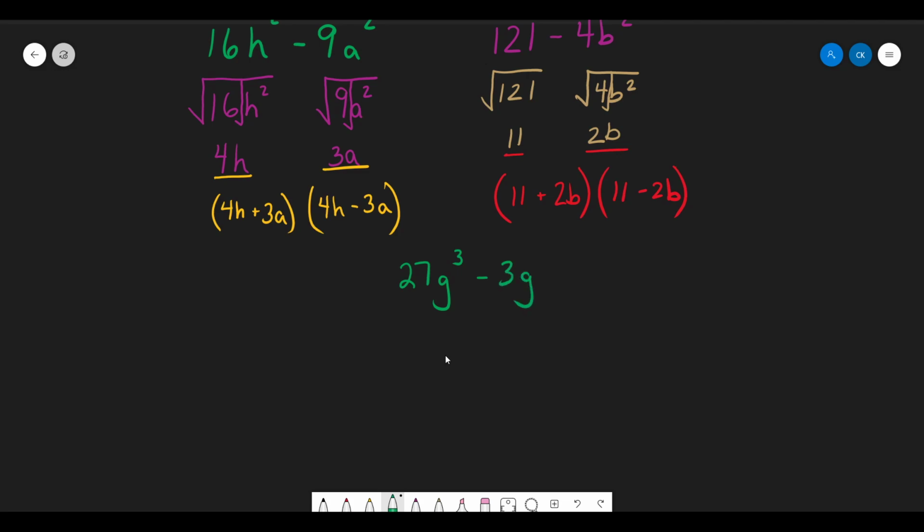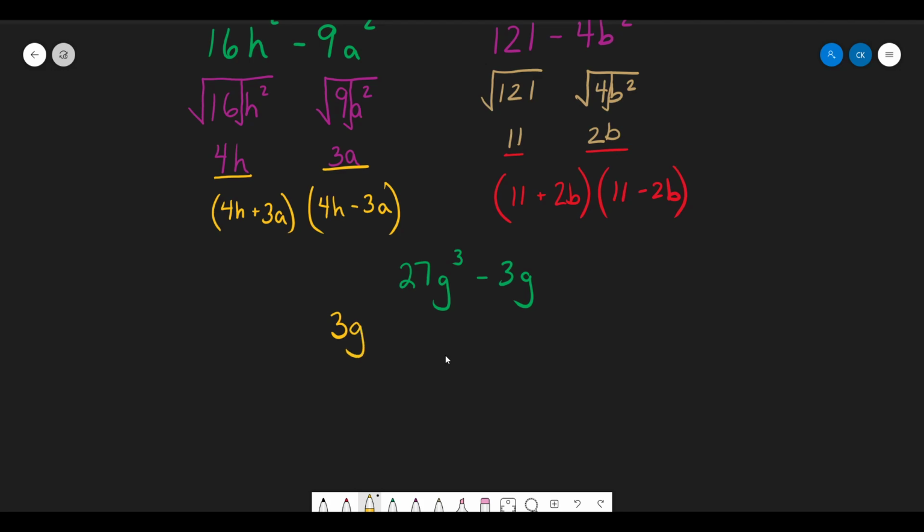Okay, so here again, the first thing we should always look for is, is there a GCF between my terms? Now in this case, there is a GCF here. The 27 and 3 have a GCF of 3. So I can pull a GCF of 3 out. The g to the third and the g have a GCF of g.